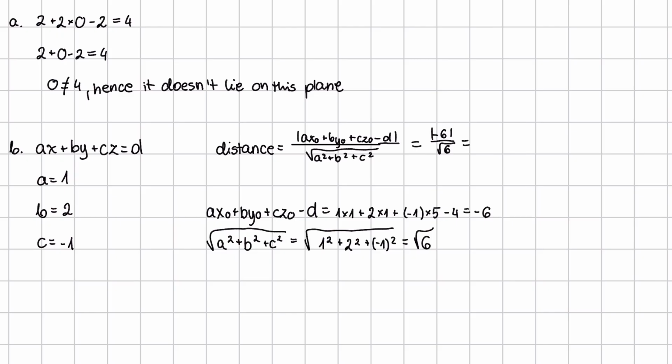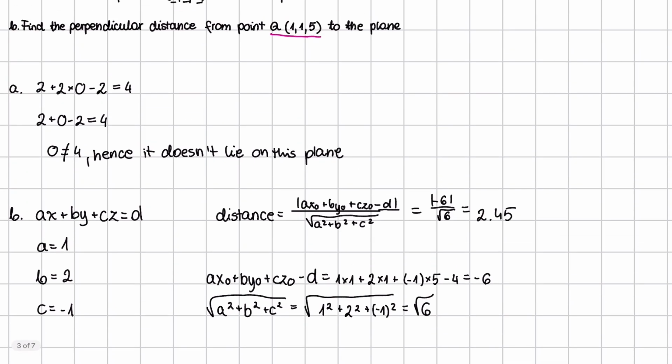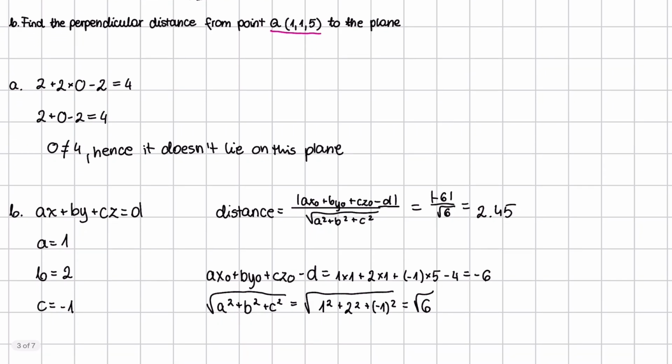So our final answer, we have to calculate it on our GDC, is 2.45. And of course units, because here we are not given the units, so units.